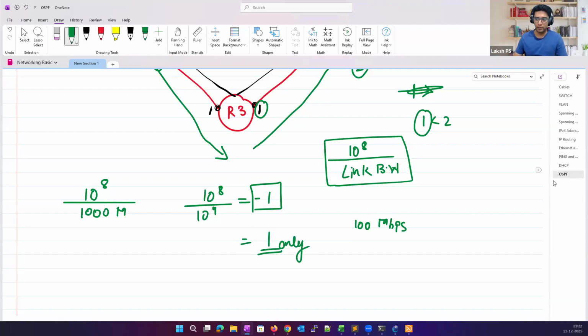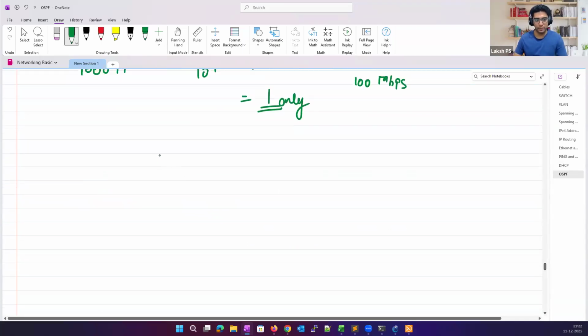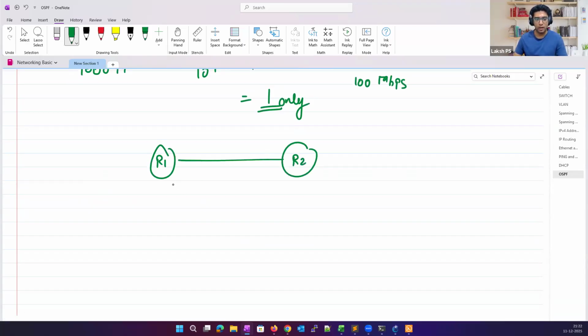So in this example, let us take R1, R2, R3. Think that these interfaces on R1 and R3, for example, are 10 Gbps links.